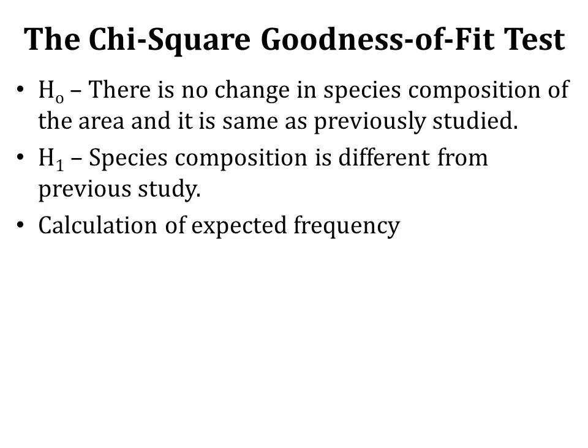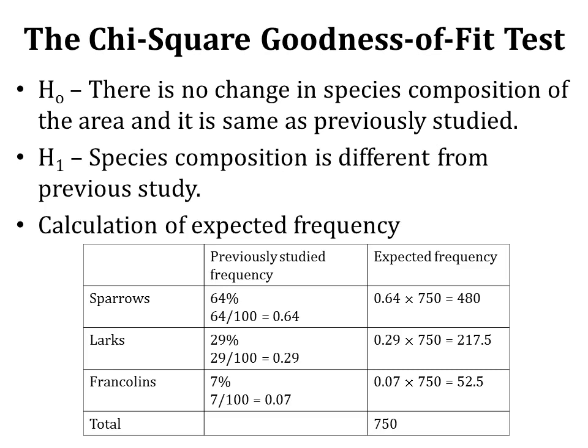Next step is calculation of expected frequency under our null hypothesis, and this is how we do it. Sparrows, according to the previous study, were 64% of all ground foraging birds, larks were 29%, and francolins were 7%. So this is how we calculate their proportions: 64% means 64 out of 100, which is 0.64, and then 29 out of 100, which is 0.29, and 7 out of 100, which is 0.07.